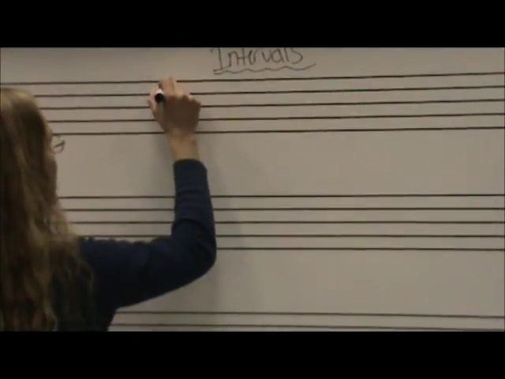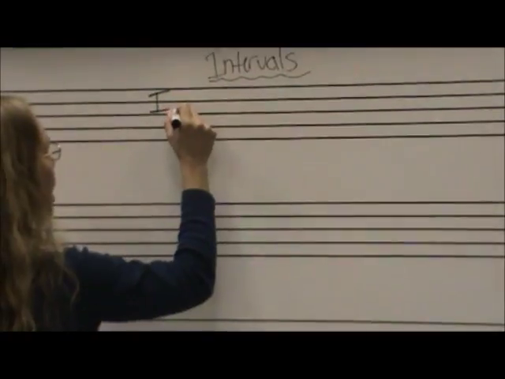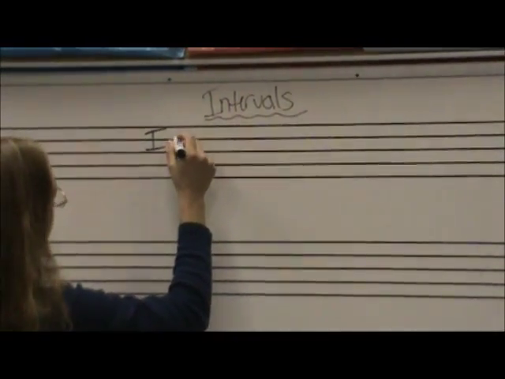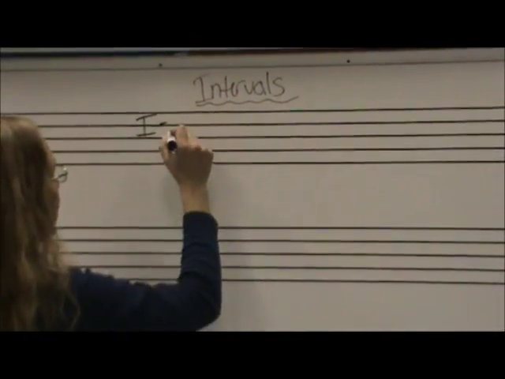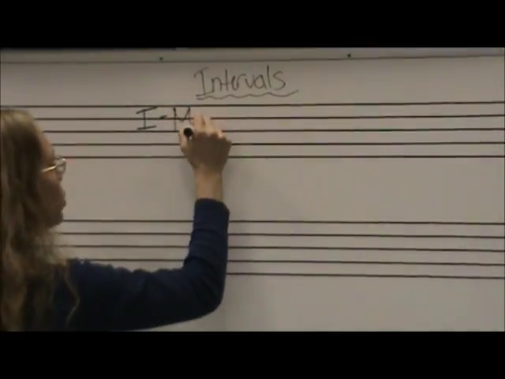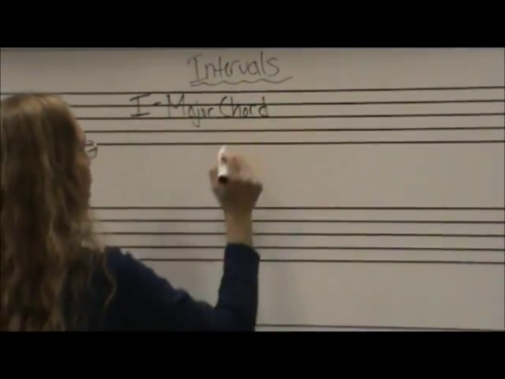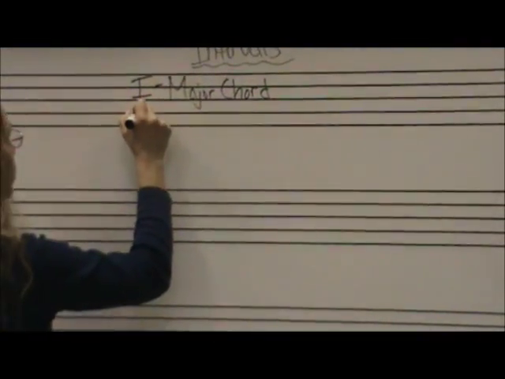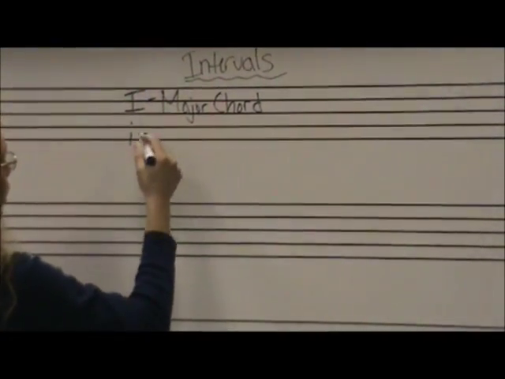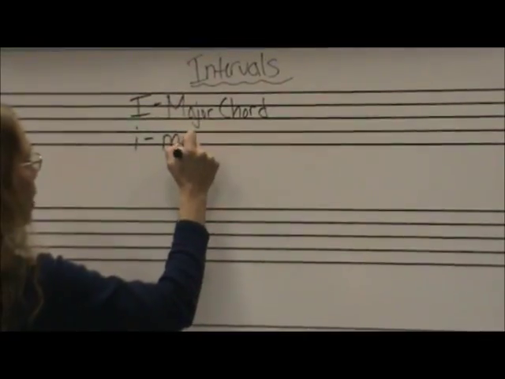So if you could make a Roman numeral capital 1 or capital I, that's going to be standing for a major chord. And the lowercase Roman numeral 1 or lowercase i is going to be a minor chord.